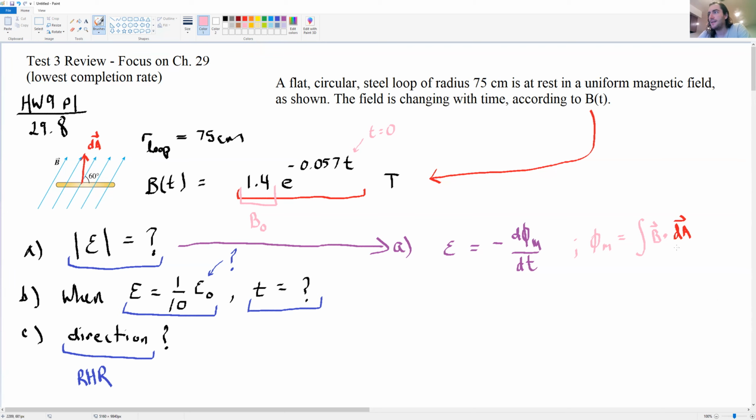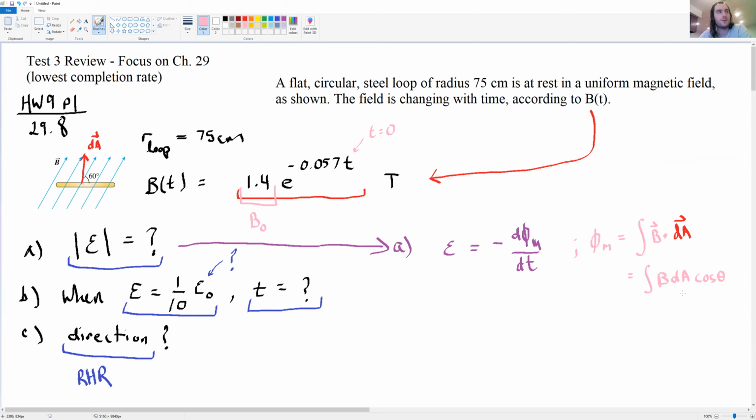If the flux is B dot dA, then I can compute this dot product, giving me the magnitude of B times the magnitude of dA times the cosine of the angle between those two vectors. In general, nothing here pulls out of the integration.